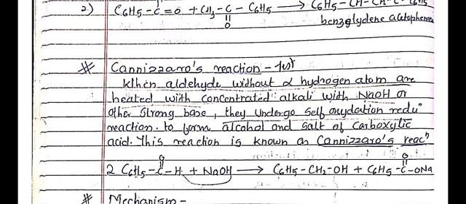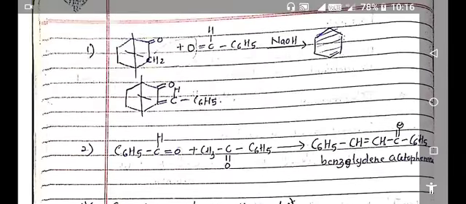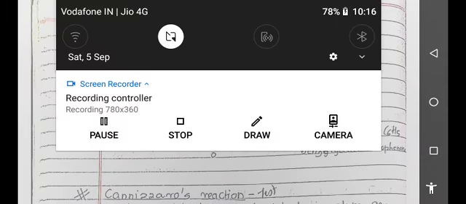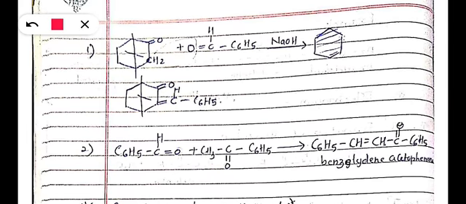We are going to study the Cannizzaro reactions today. We can easily identify the Cannizzaro reactions by some concepts. In the reactant part, there are two molecules of aldehyde.